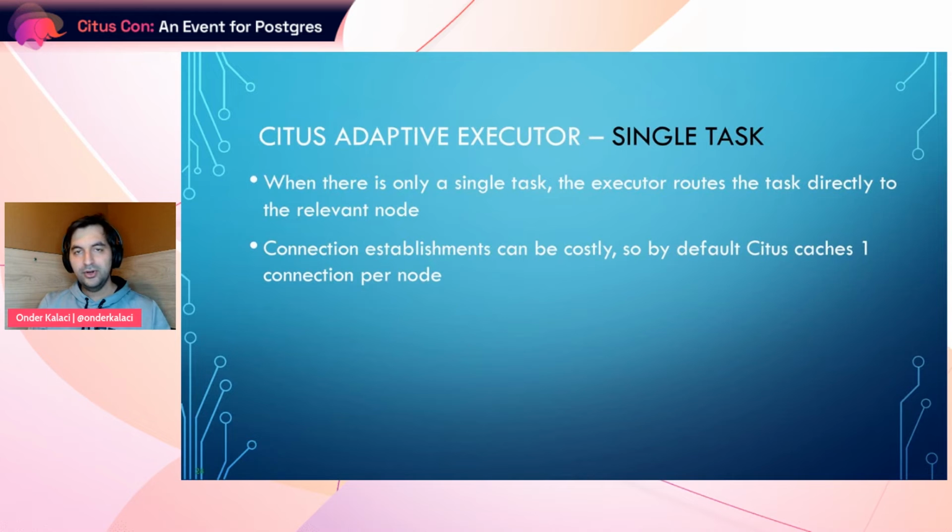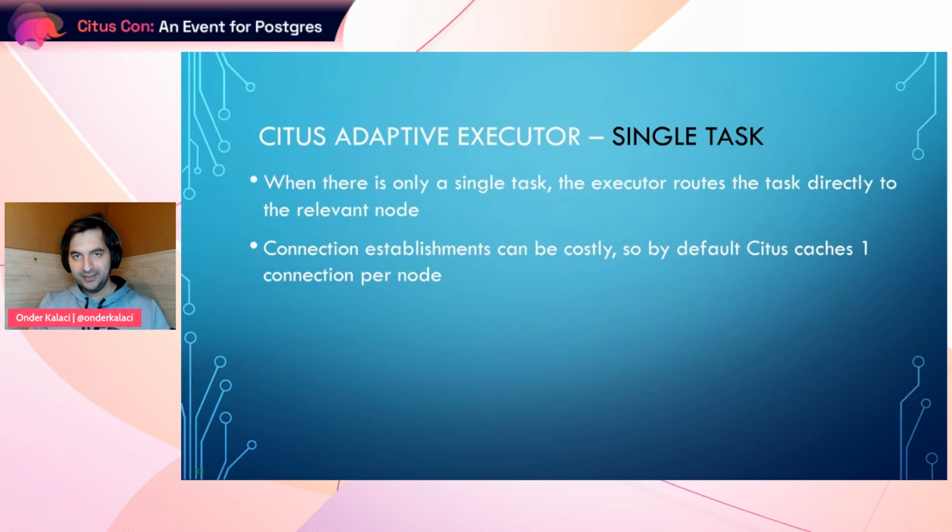For example, for lots of multi-tenant use cases or CRUD workloads or OLTP workloads, the distributed plans typically yield a single task. And for other workloads, such as real-time analytics or HTAP or time series workloads, the planner typically yields multiple tasks. The executor is designed in a way that it can automatically adapt the query and the workload on a per query basis.